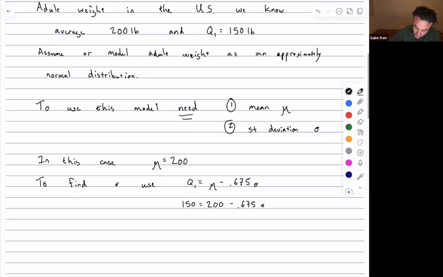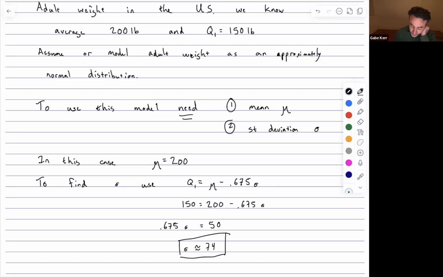Now we can subtract 150 from both sides, and add 0.675 times sigma to both sides. We get this equation. If you divide by 0.675, you will get an approximation of around 74 pounds. Just leave 74.